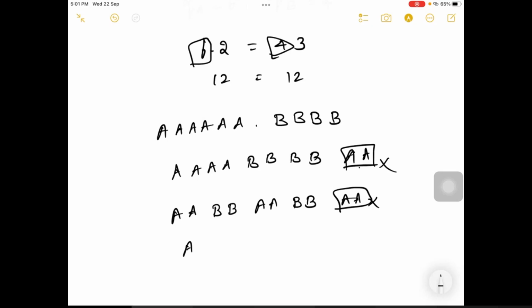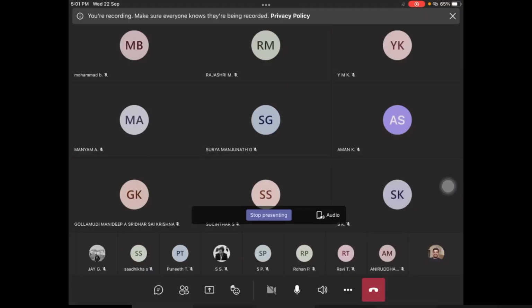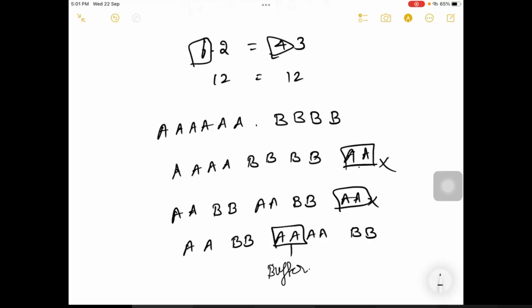So what we have to do is A, B, then AA, then B. In that case, these two A will be in the buffer. So likewise, I am able to do the synchronous data flow as per my liking.